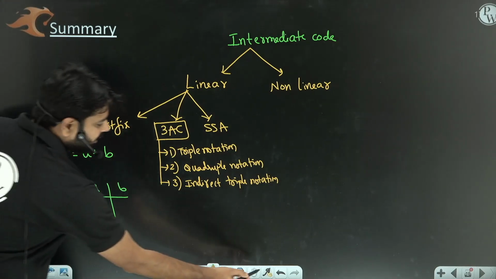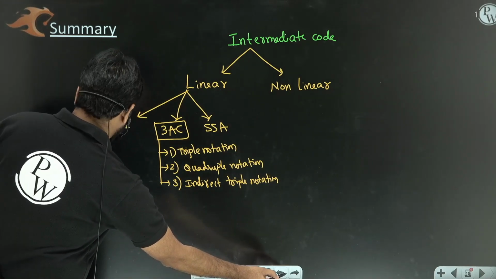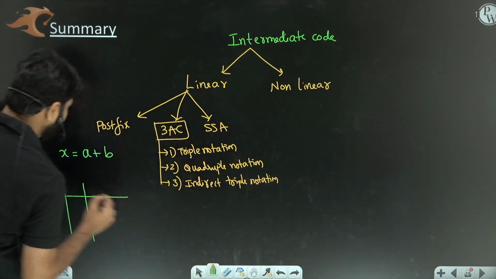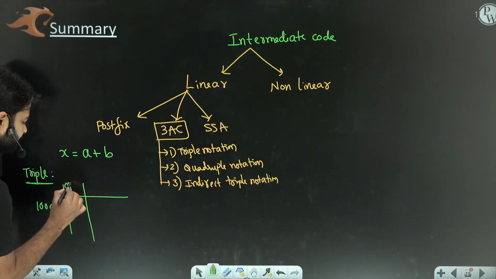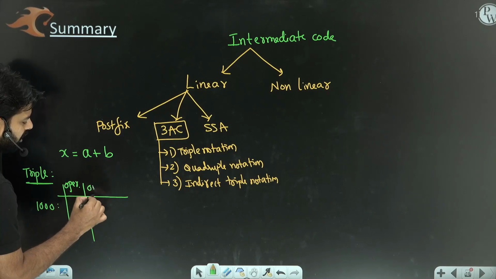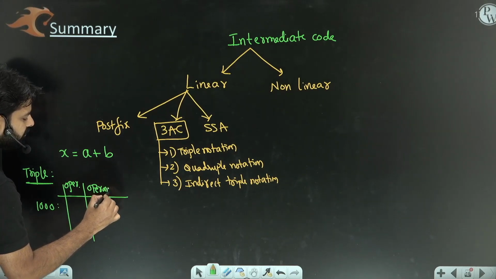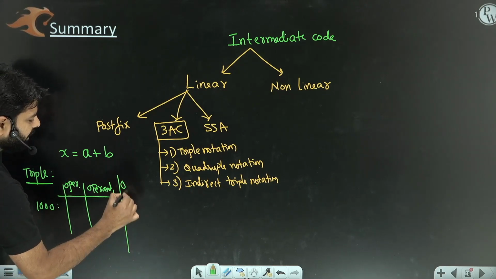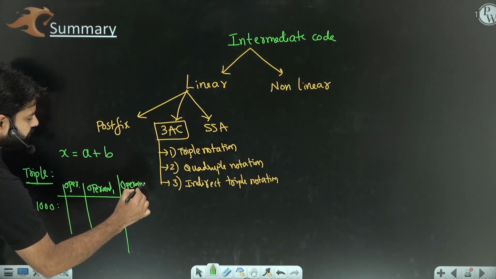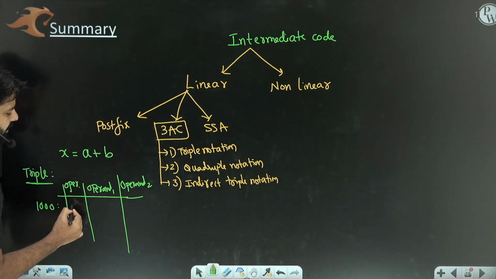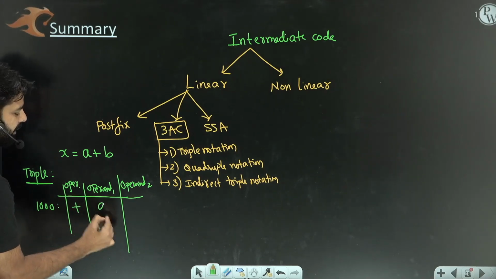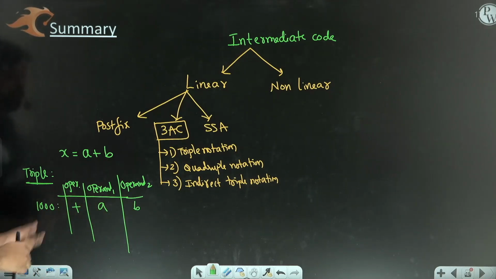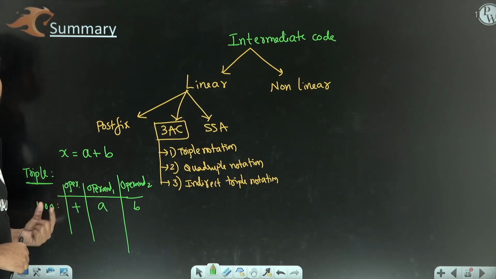So I can say headings. This is operator, this is operand 1, another one operand 2. Just like plus a, b. Assignment is not required. Whenever you want x, you should come to 1000 and you should calculate.